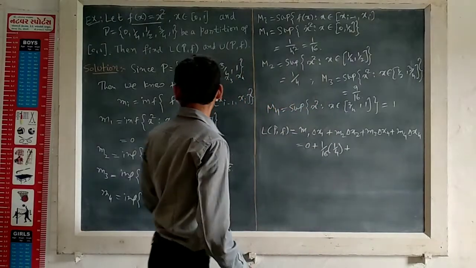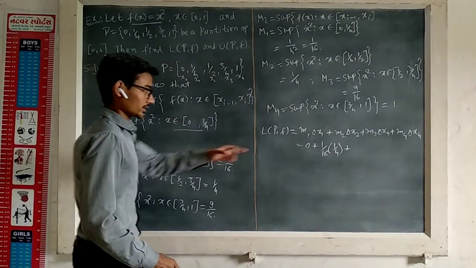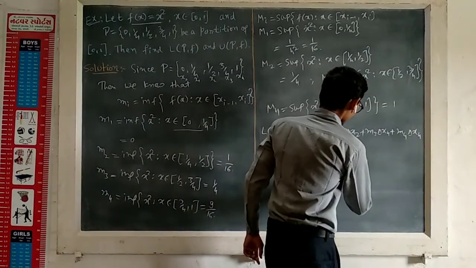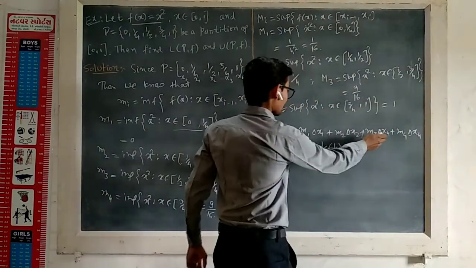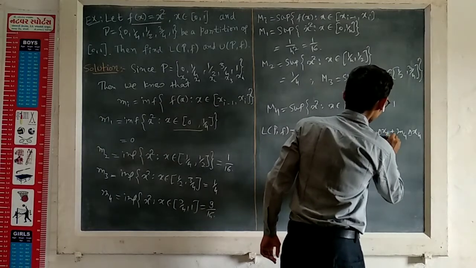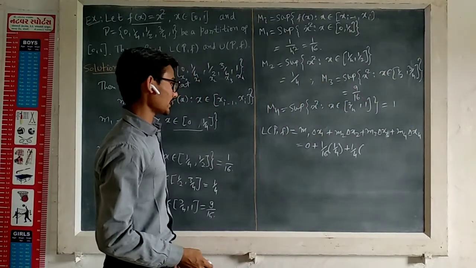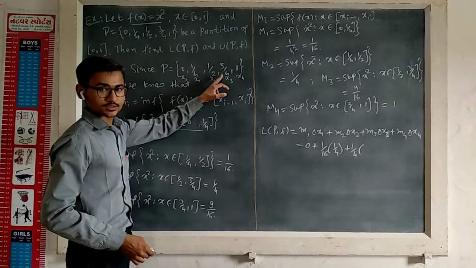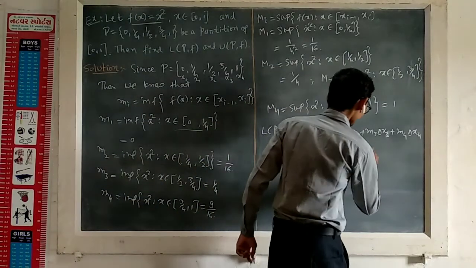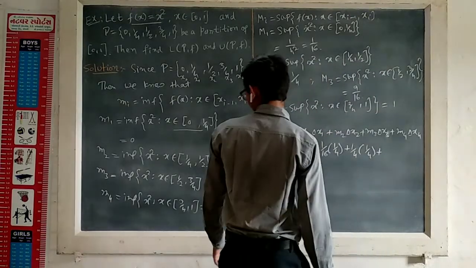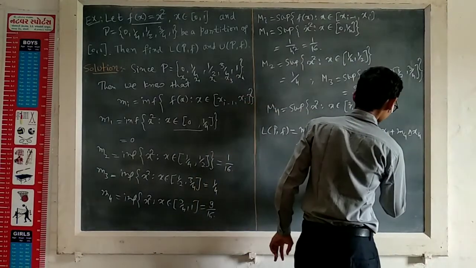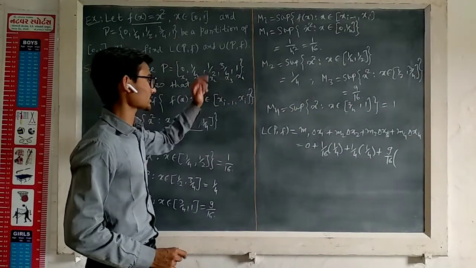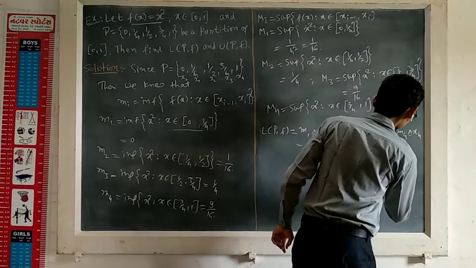Plus m3. m3 is 1 by 4 into delta x3. Here delta x3, not x4. Delta x3 means x3 minus x2, means 3 by 4 minus 1 by 2 is also 1 by 4, plus small m4. m4 is 9 by 16 into delta x4, means x4 minus x3. 1 minus 3 by 4 is also 1 by 4.